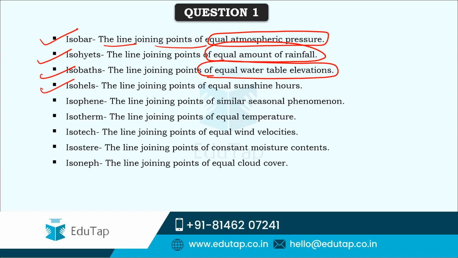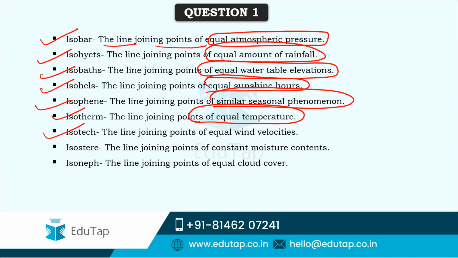Isohels, the line joining points of equal sunshine hours. Isophene, it is similar seasonal phenomenon. Isotherm, the joining points of equal temperature. Isotach, joining points of equal wind velocities. Isohume, constant moisture content, and isoneph, it's equal cloud cover.